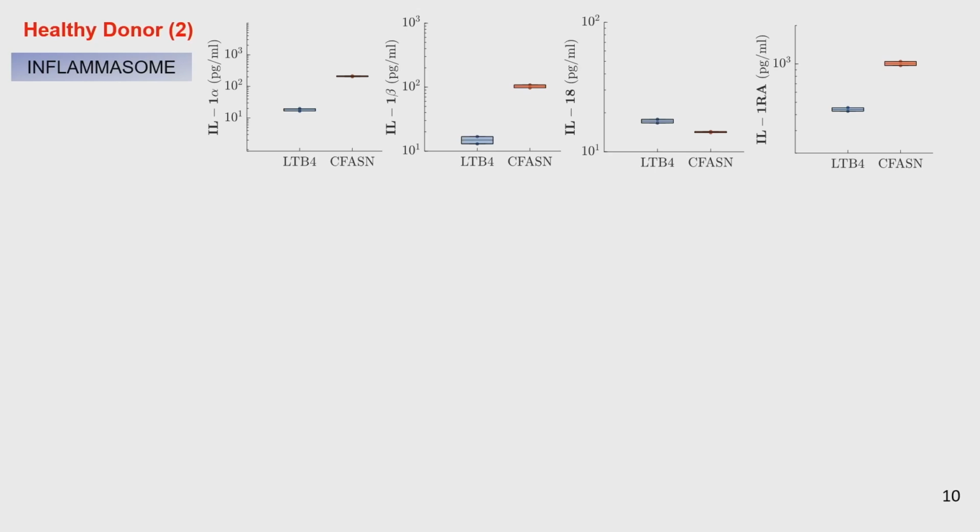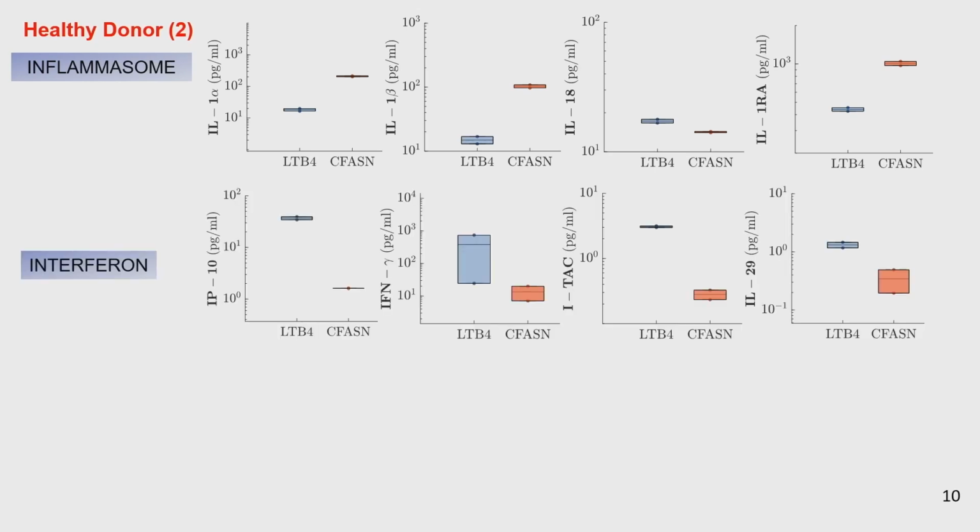When we went on to study some of the inflammasome and interferon markers, we saw that there is almost inverse regulation of inflammasome and interferon secretion. As you can see here, IL-1 alpha, IL-1 beta, and IL-1RA are upregulated in this system, whereas all the interferon markers, IP10, interferon gamma, ITAC, and IL-29, are downregulated.